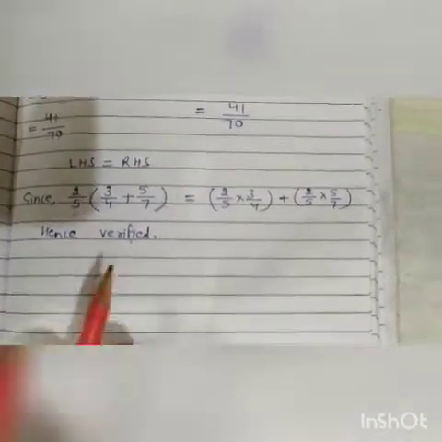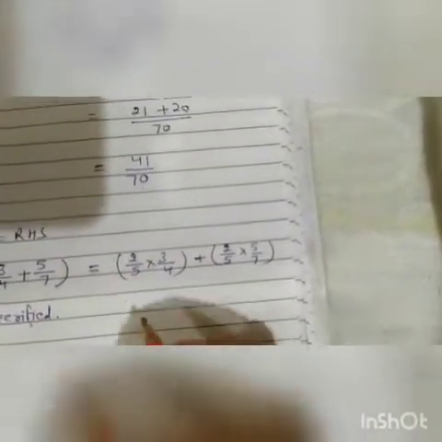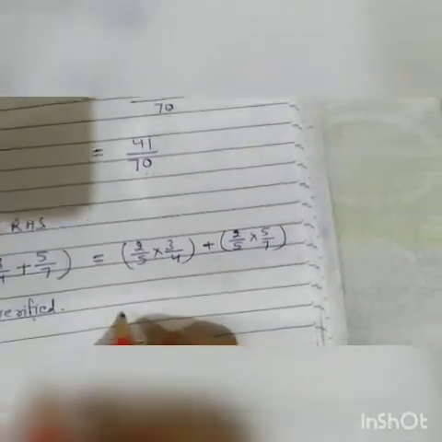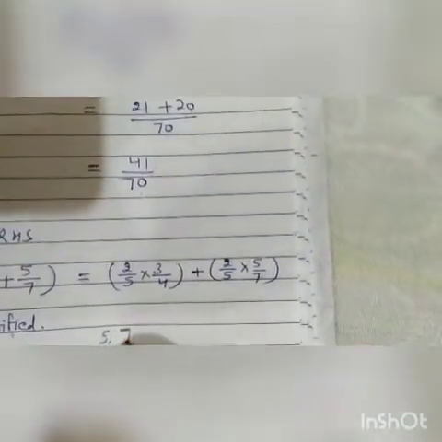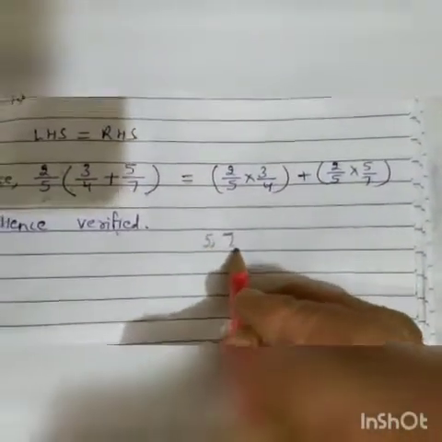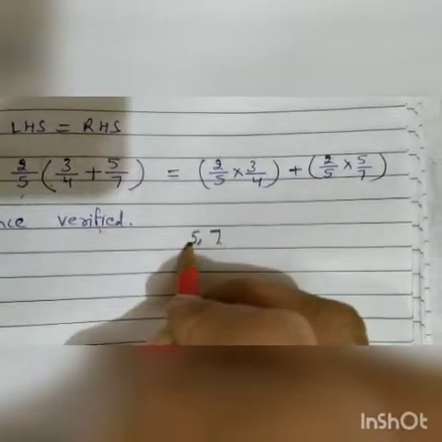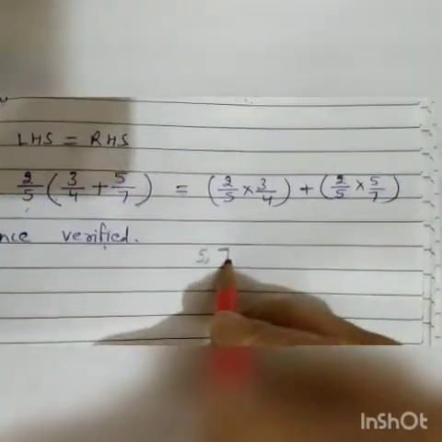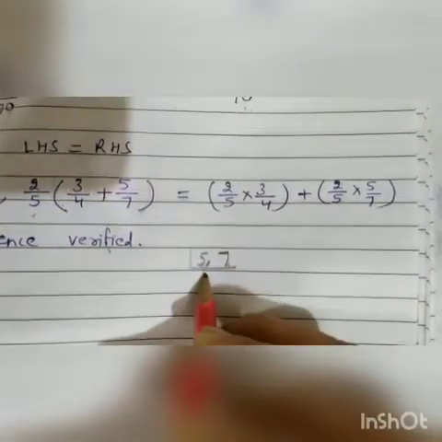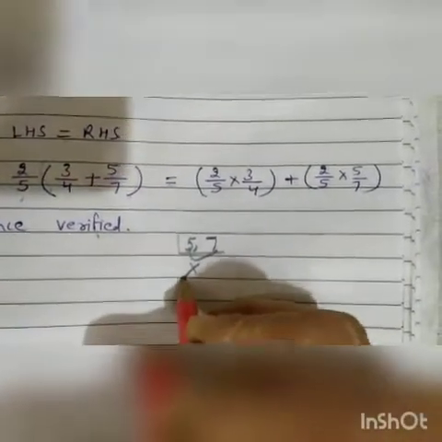Okay students, I want to tell one thing. See here, if we want to find the LCM of 5 and 7, both are co-prime numbers. 5 is not divisible by 7, neither is 7 divisible by 5. So LCM is their product, that is 5 multiply 7.